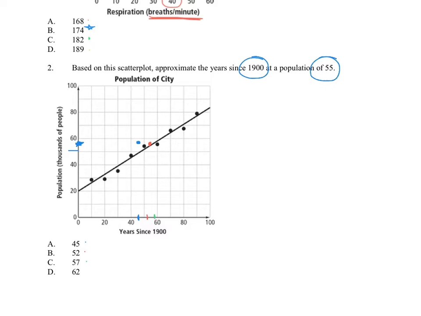So we'll say right here and on that line. And then 62, 62 right here, and we want to go all the way up till we meet that line. That one's kind of close, but I would pick the one that looks the closest to that trend line.